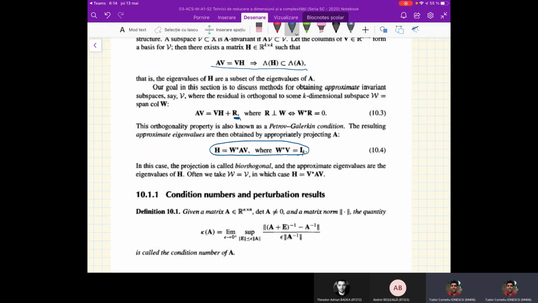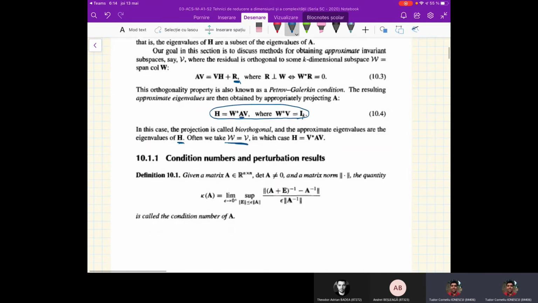This is a biorthogonal projection, and the approximate eigenvalues are the eigenvalues of H. These are approximate eigenvalues of A. Look here, A is of dimension n, and H is of dimension k. Many times in the Arnoldi process, especially, people take the subspaces W and V to be identical, and then the H matrix is easily computed as V star AV.